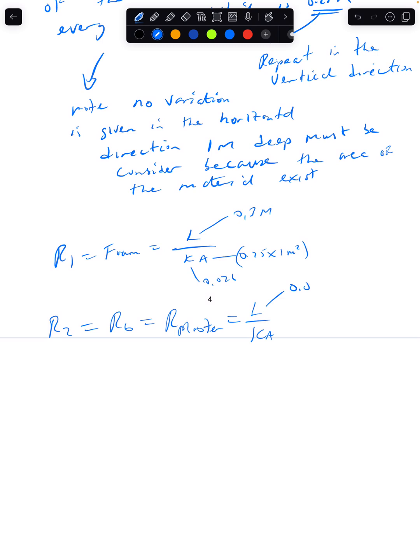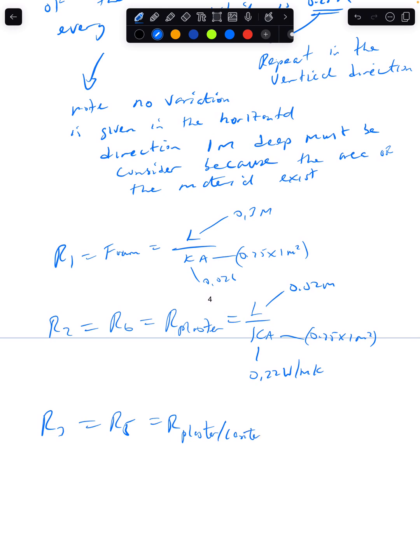I have 0.02 meter, and the value of k for that is 0.22 W per meter times Kelvin, and the area is 0.25 times 1 meter square, and therefore we can move forward. We can move toward R3 equal to R5 equal to R plaster at the center.